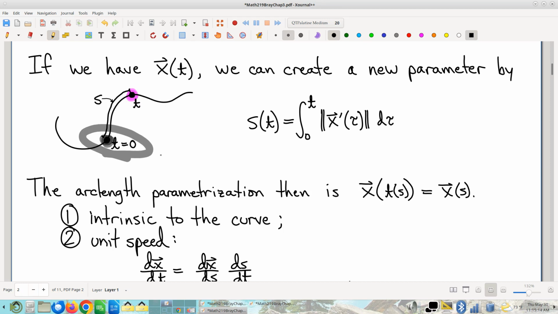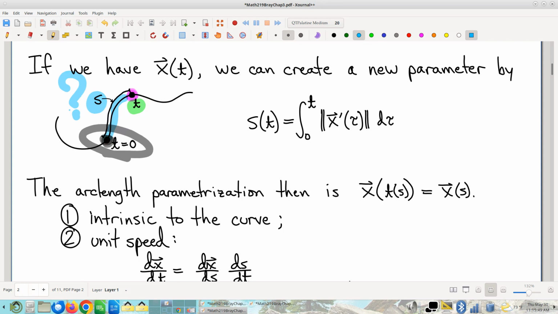So at some point that I have highlighted in purple there, I could describe this by what is the value of t that would give you that point in whatever my existing parameterization is, or I can describe that point by what is the arc length that it took me to get to that point. And I know that seems weird, right?